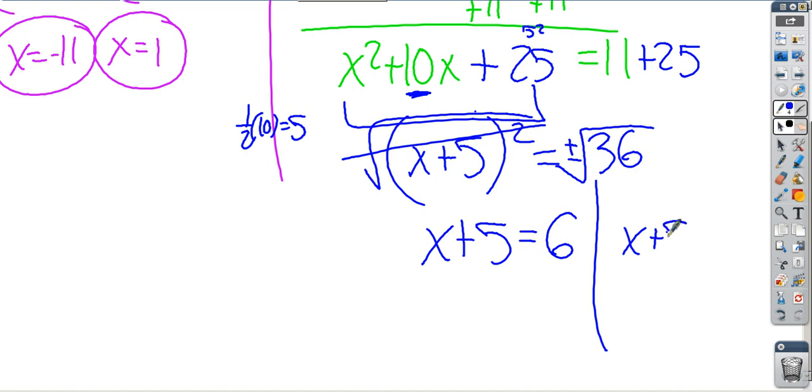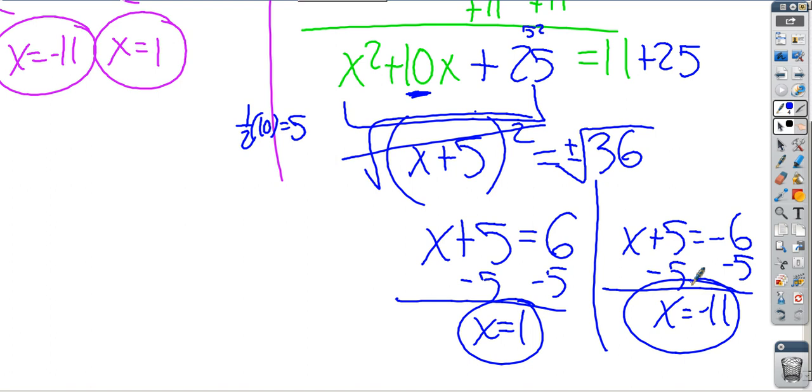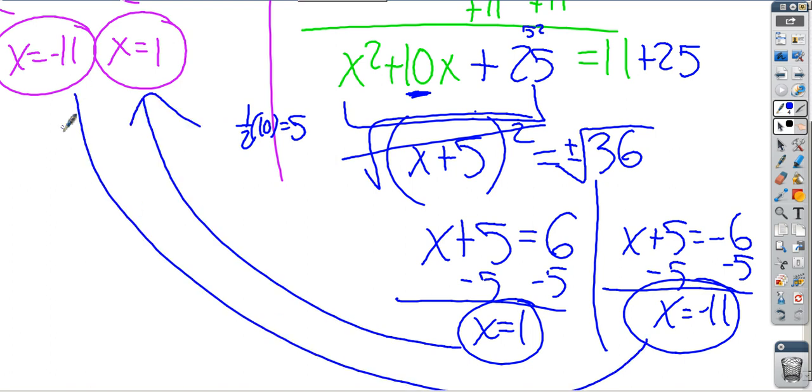And the negative of the square root of 36 is negative 6. And then we would subtract 5 from both sides. 6 minus 5 equals 1. And if we subtract 5 from both of these, negative 6 minus 5 is negative 11. So if you look at those two solutions, that's what we got back up here. So it just shows you that you get the same answer either way.